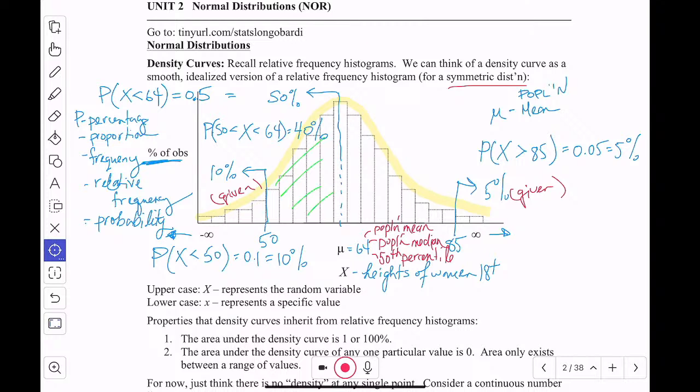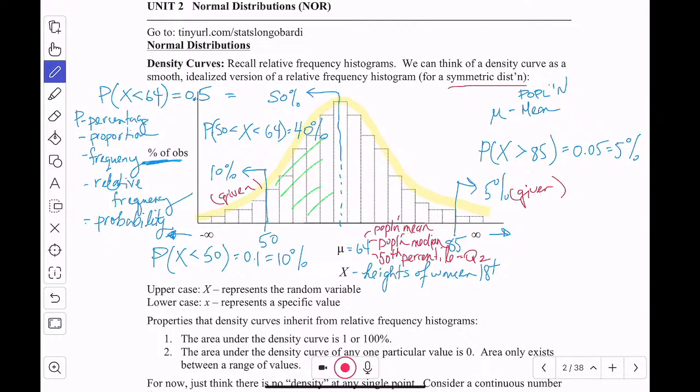Okay? So it's Q2. It's also Q2. Second quartile. So what I said is 64 is the 50th percentile.